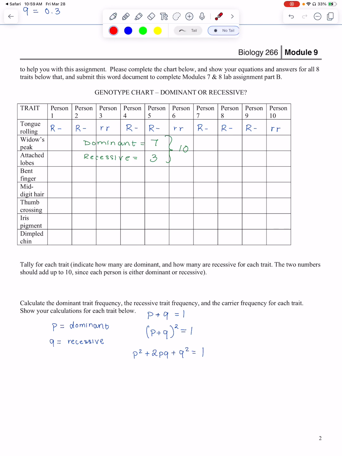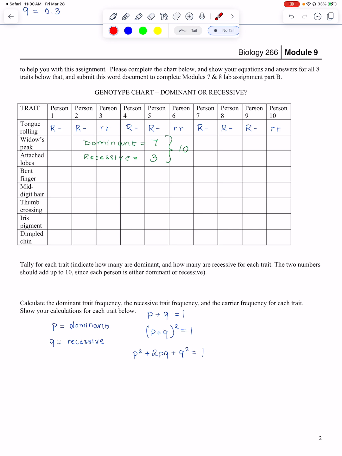The equation is written down here where a P is equivalent to a dominant allele, and a Q, which I guess is opposite of a P, is the recessive allele. And what we know is that the presence, or like I guess the percent ratio of P alleles and Q alleles should equal 1, or essentially 100%.